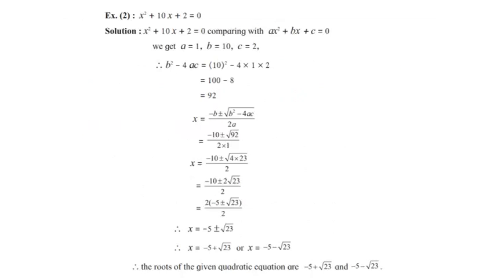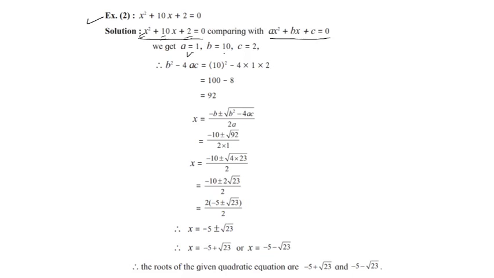Now see the second solved example of your textbook: x square plus 10x plus 2 equal to 0. First step is to compare the given equation with the standard form of a quadratic equation. After comparing, we get a equal to 1, b equal to 10 and c equal to 2.